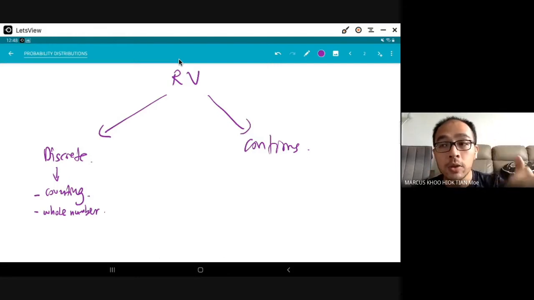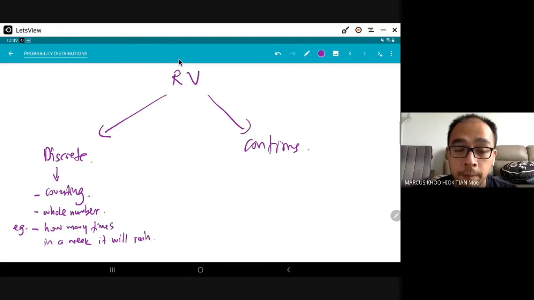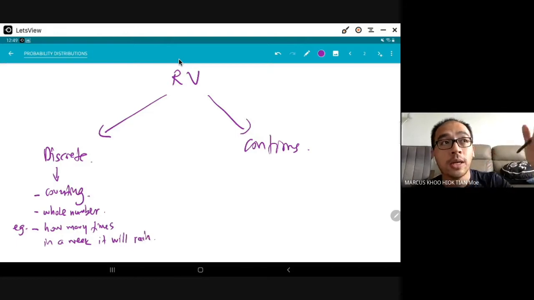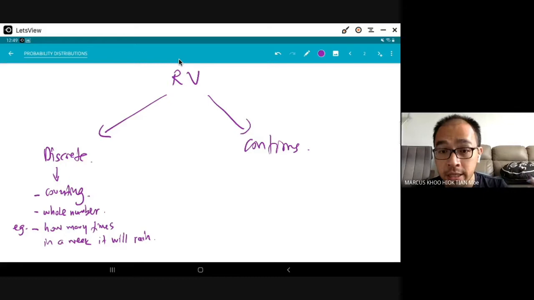An example of discrete random variables is how many times in a week it will rain. Let's say you do a research, and you say, in this one month I want to know how many times it rains. So these are discrete random variables.